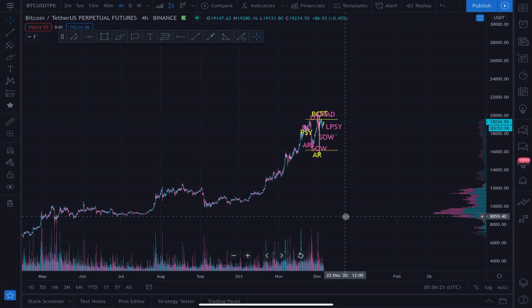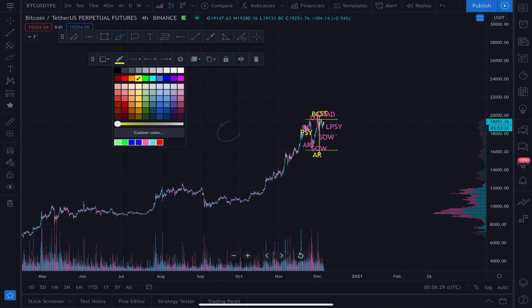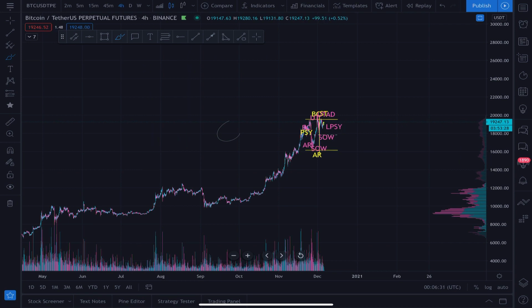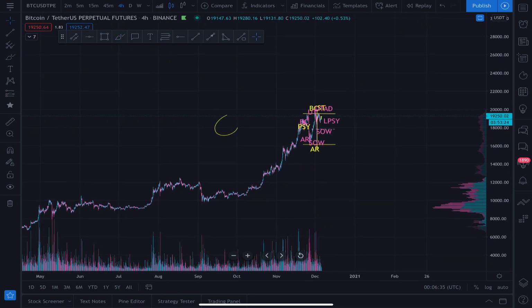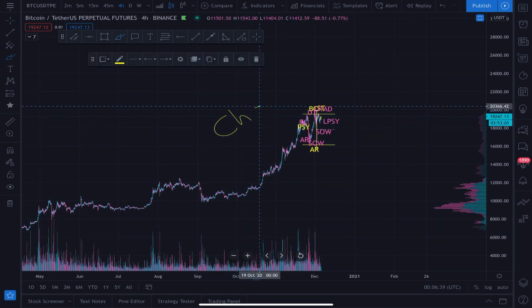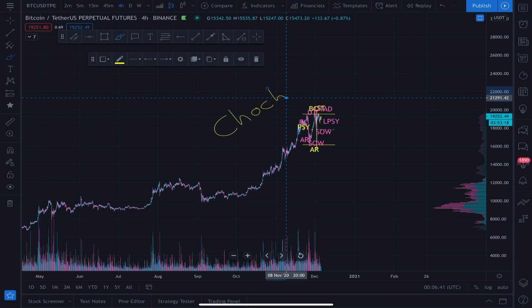So that significant sell-off is a change of character. You need to make notes of these changes of character.